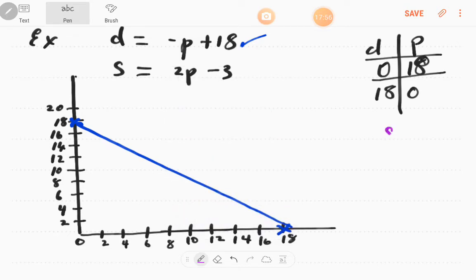Okay, so quantity supplied, price. When the quantity supplied is 0, the price would be 1.5. It should be 3 over 2, which is 1.5.